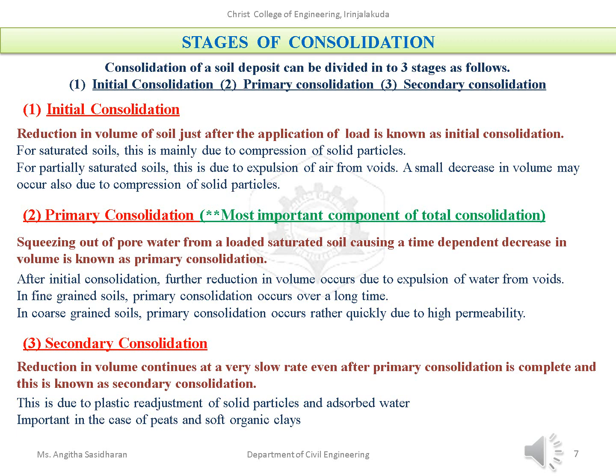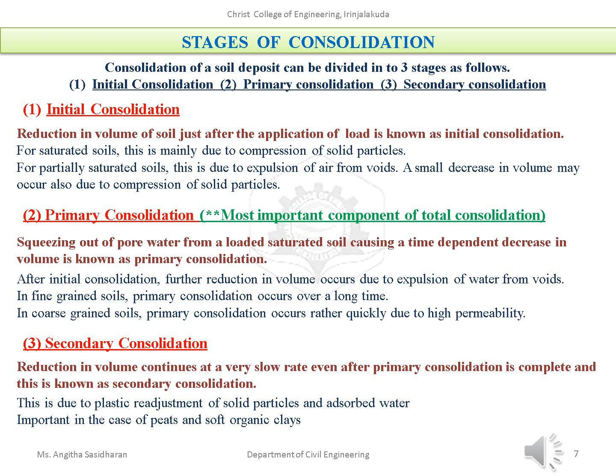So after the initial consolidation happens, again the reduction in volume occurs, and that will be due to expulsion of water from the voids. In fine grained soils, the primary consolidation occurs over a long time. The best example is clay. Primary consolidation will be occurring over a long time if the soil is clay type. And in coarse grained soils, primary consolidation occurs rather quickly due to high permeability, even in gravels.